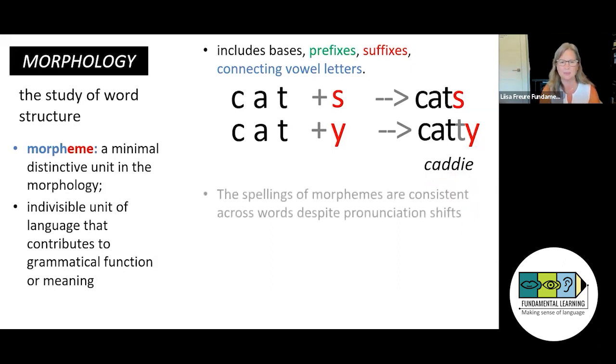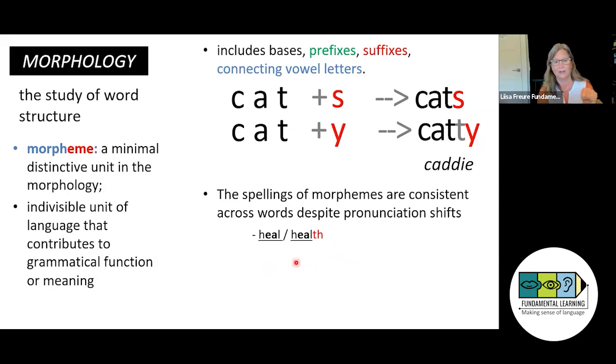It was kind of interesting. So remember, the spellings of morphemes are consistent across words despite pronunciation shifts. We have heal and health, right? H-E-A-L is our base element, regardless of whether we pronounce it as heal or as hell. In health, H-E-A-L is pronounced hell, but we still spell it the same way.